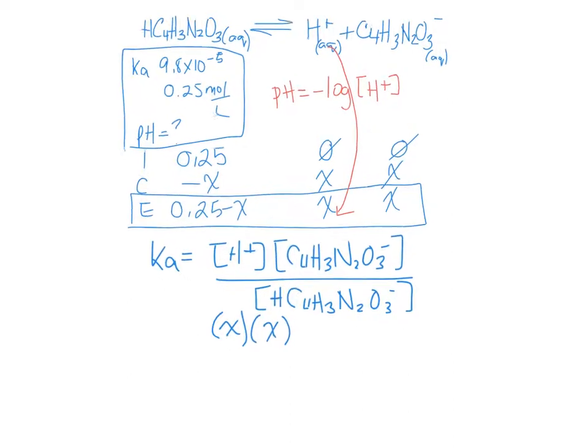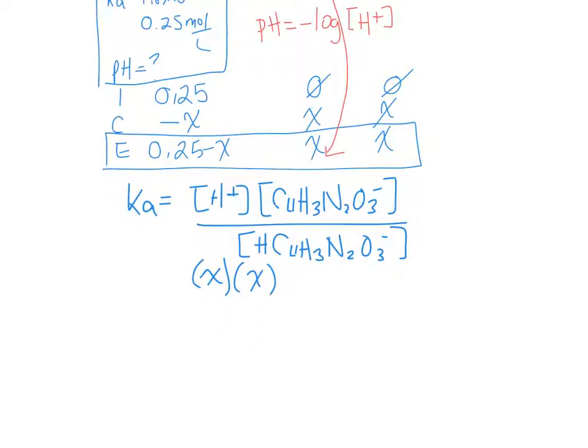Once you've set it up, x times x over 0.25 minus x, and your Ka value was 9.8 times 10 to the negative 5. So we could totally move this across, multiply it, equals x squared, solve for quadratic.